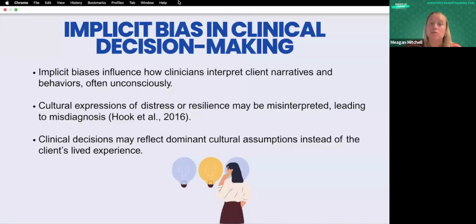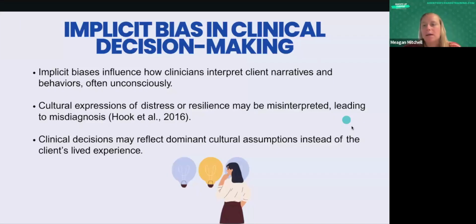That probably is due to some misattunement, some misalignment in the client experience. And we might not even know it because we are just conditioned certain ways that we might be making clinical assumptions or clinical decisions based on our own assumptions or our own life experiences instead of really working alongside the client to dive into their lived experiences.